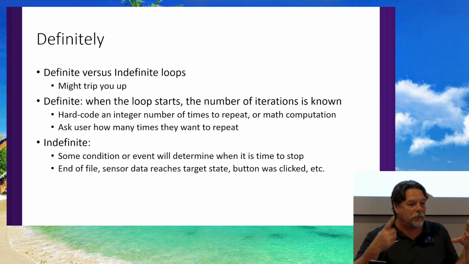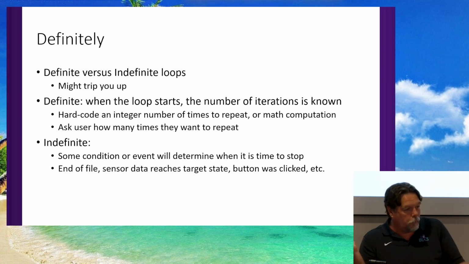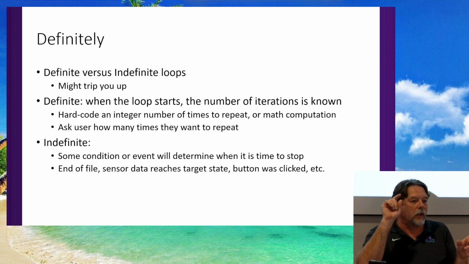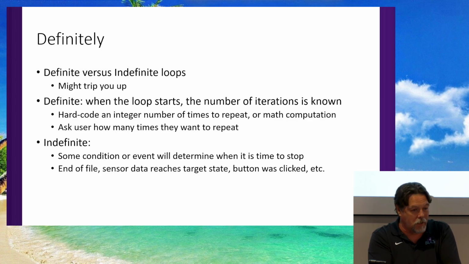I don't know how many times. I don't know when the sun is going to explode and cause a computer to not exist anymore and the loop stop, right? Or I don't know when the user is going to hit the close button on the window, which causes Windows to end the process, which causes the loop to stop. So it's indefinite.